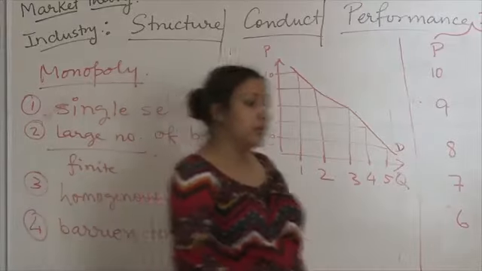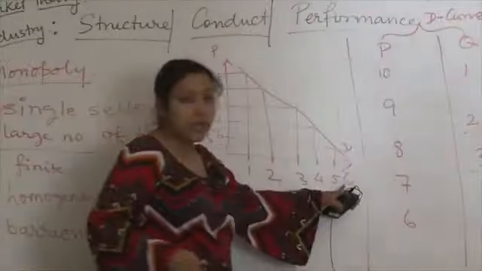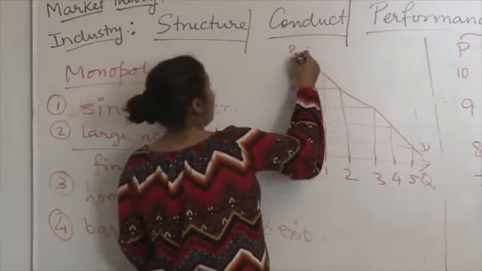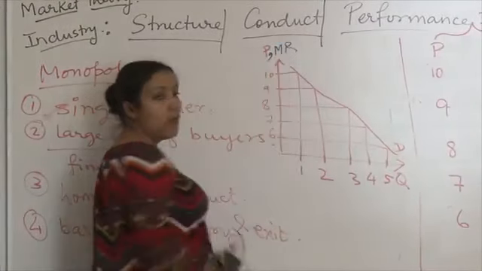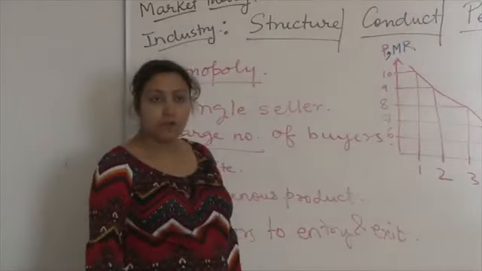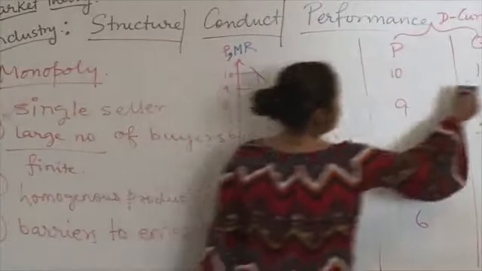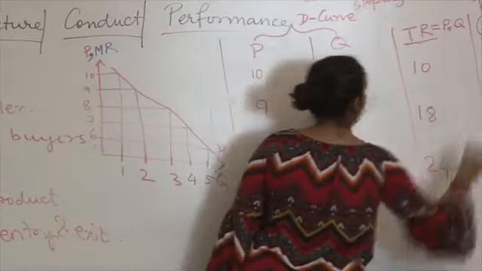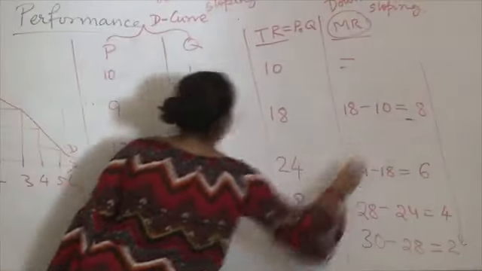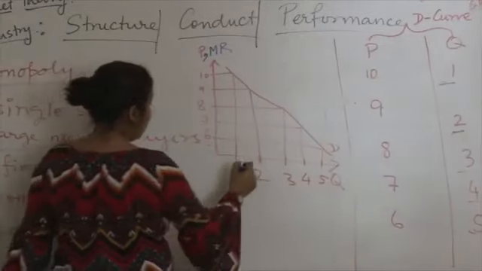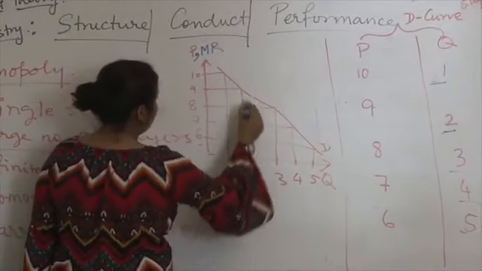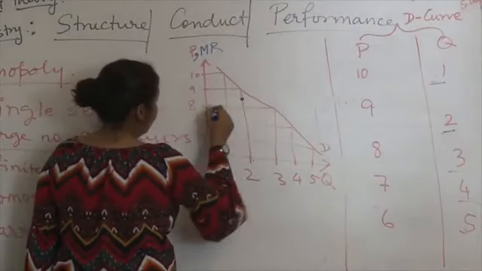Will you agree? And similarly, if I still had the quantity on the x axis, but I was plotting the marginal revenue on the y axis, then the marginal revenue for the first unit is kind of 0. For the second unit, it is 8, so it will be somewhere here.